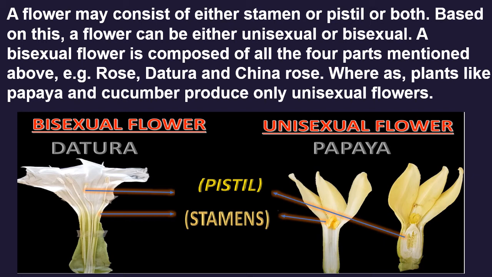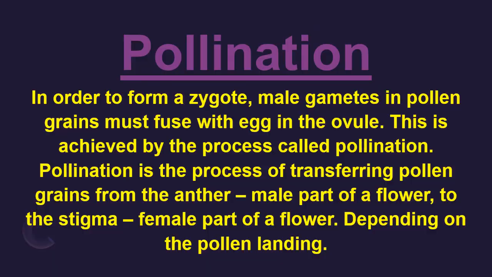Based on this, a flower can be either unisexual or bisexual. A bisexual flower is composed of all the 4 parts mentioned above. Examples: rose, datura, and Chinese rose, etc. Whereas plants like papaya and cucumber produce only unisexual flowers, like the image below explains.